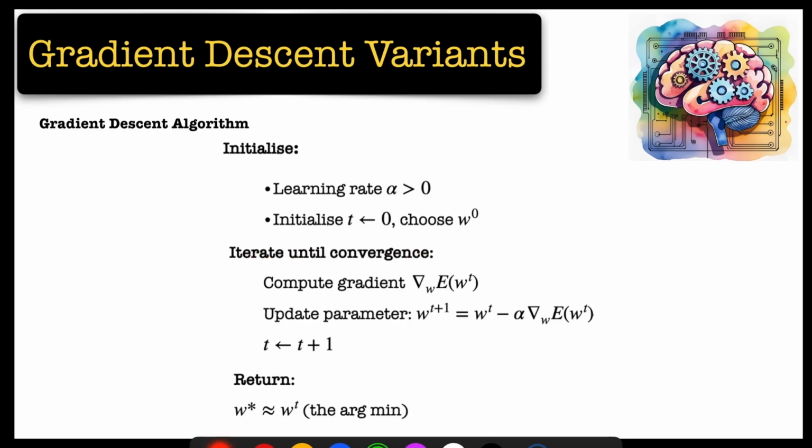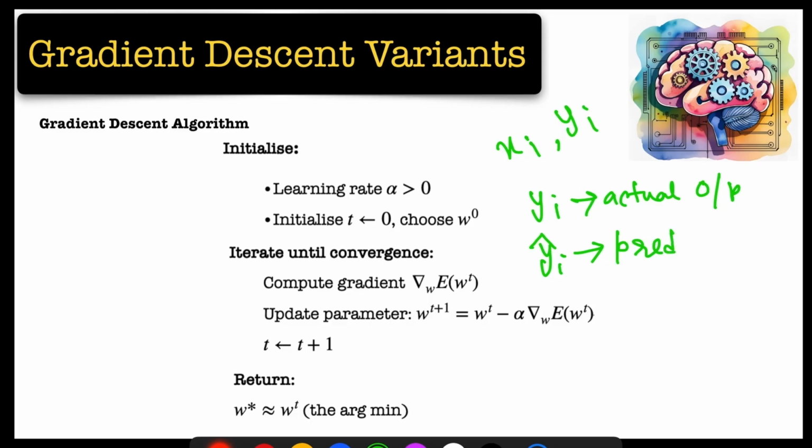So what is convergence? In the data sets, we'll have data points with output, right? yi here is the actual output, and yi hat is the predicted output using whatever model we are using.